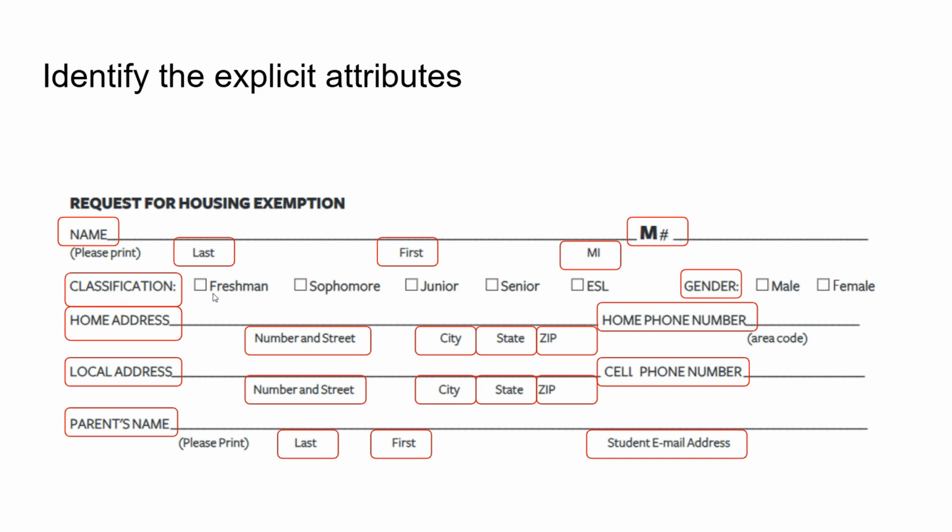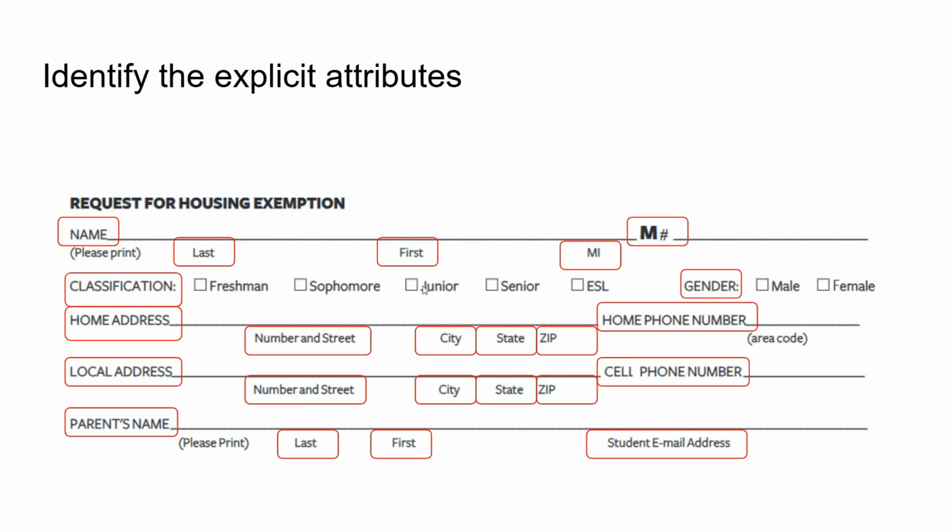Now there is classification, then there's a whole bunch of values that follow this classification. So when you talk about an attribute, it may have a form, which we call attribute values. So this is an example of attribute values: attribute value of freshman, attribute value of sophomore, attribute value junior, and so on. So these don't become column names. So these don't become attributes.